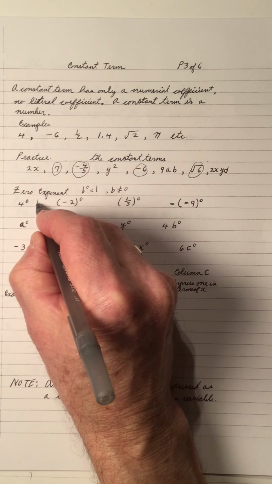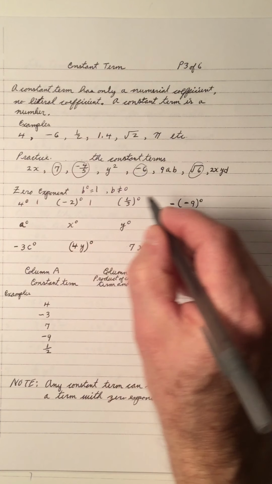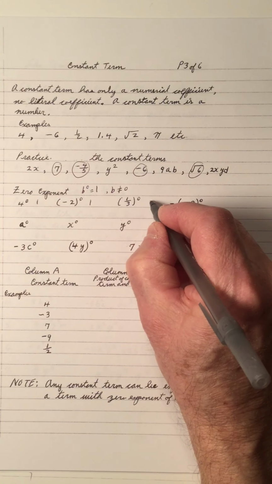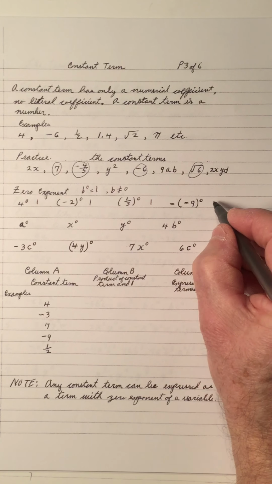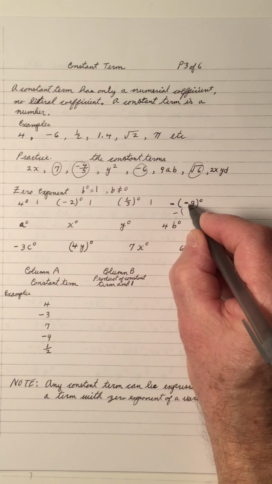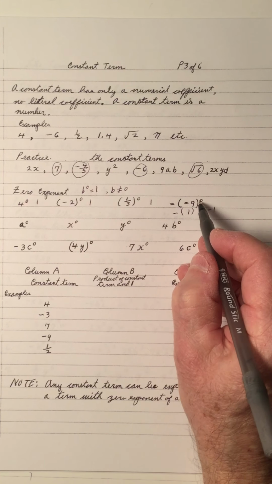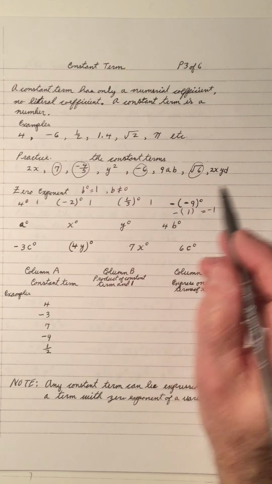So 4 to the 0 is 1. Negative a half to the 0 is 1. Negative 2 to the 0 is 1. 1/3 to the 0 is 1. Notice now we have a double here. So we have a negative of 9 to the 0, which is 1, so that's negative 1. Remember, anything to the 0 power is 1 except 0.